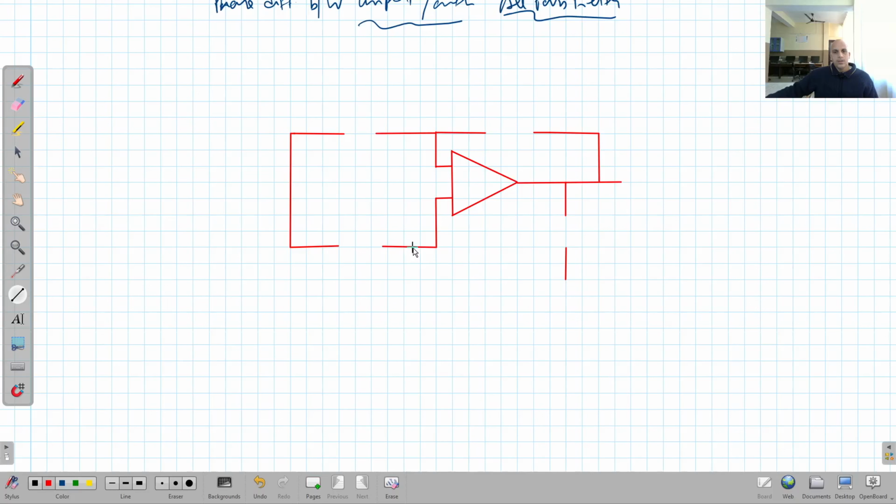This is the space for the capacitor connected here. This is for the input signal.